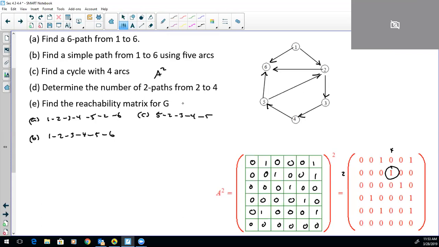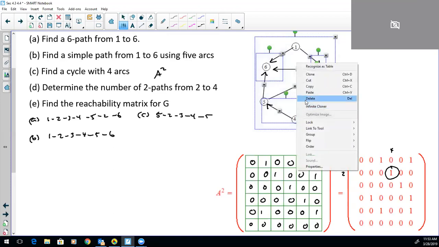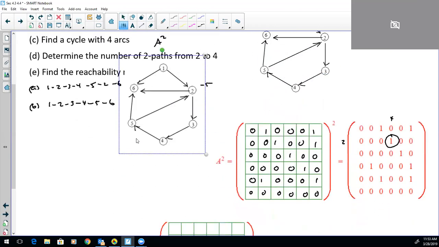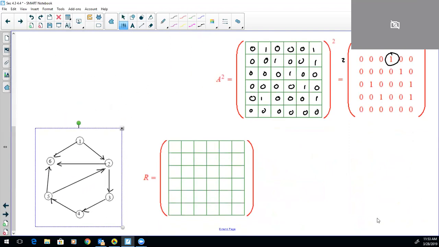Okay. Now, finally, I've got to do the reachability matrix, and let me bring this thing down here a little closer.